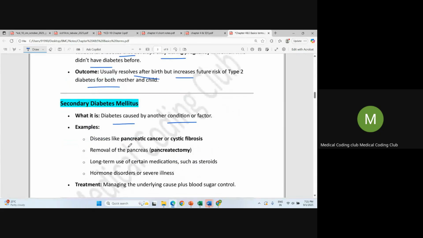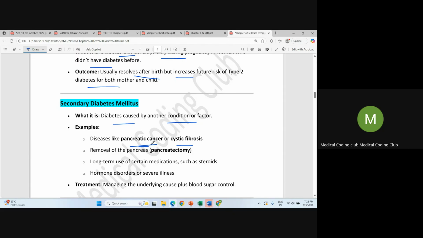Examples you can see are diseases like pancreatic cancer or cystic fibrosis. So here, for pancreatic cancer, assume they are removing the pancreas. The pancreas they are going to remove, or already the pancreatic cancer means damage to the pancreas. Because of that, the patient may get diabetes.